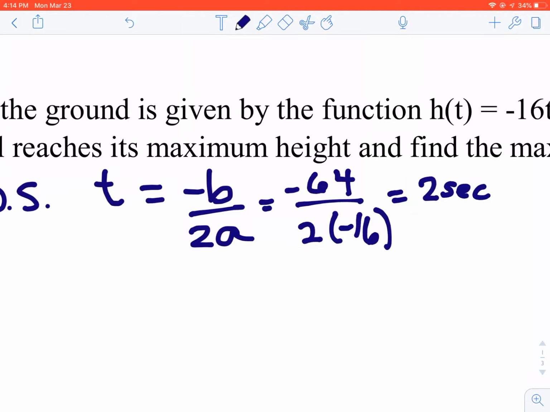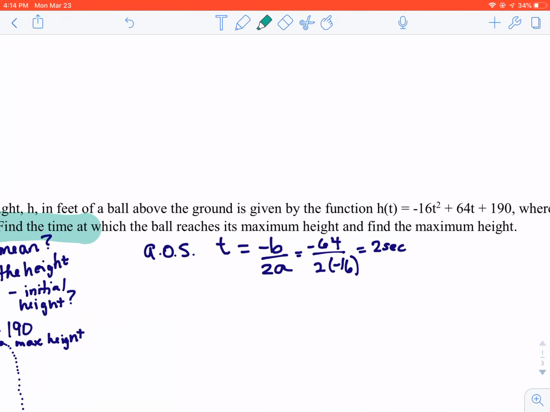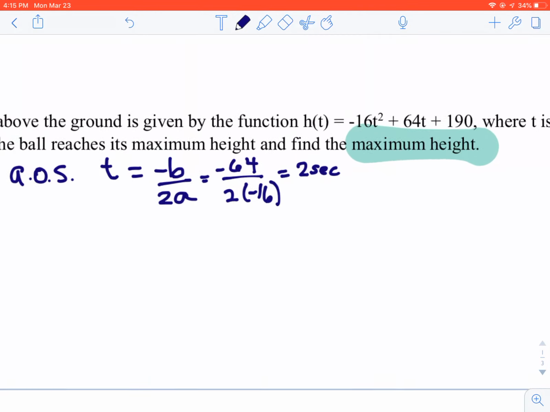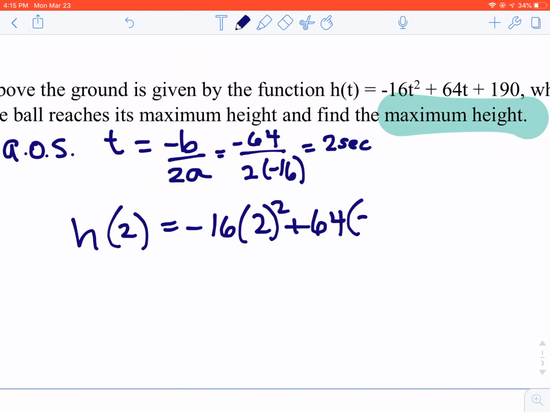So that's the first question, find the time. And then what is the maximum height? Once we know the time, all we have to do is plug it back in. What is h of 2? That is negative 16 times 2 squared plus 64 times 2 plus 190.